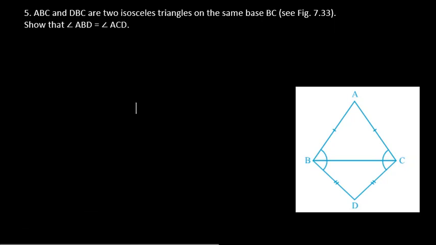ABC and DBC are two isosceles triangles. You can see in the diagram, they are on the same base BC. You have to show that angle ABD and angle ACD, these two angles, are equal.